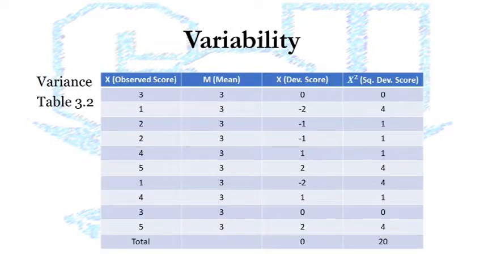So here's a partial of the table out of the book, table 3.2, and you've got all the observed scores, the mean, the deviated score, and the squared deviation score. So here we have a series of numbers, scores. The book sometimes calls it something different, and that's neither here nor there, but in the end, it's just a score.